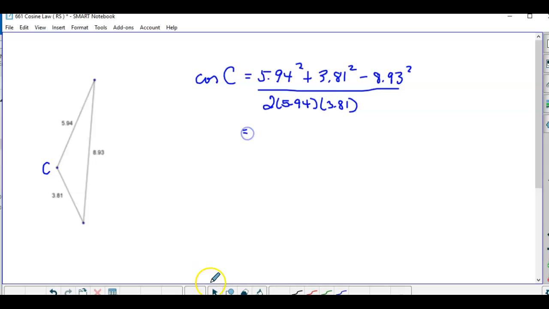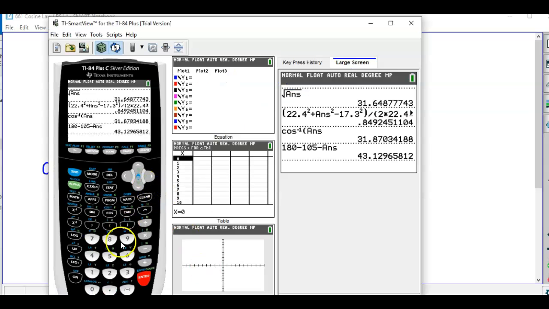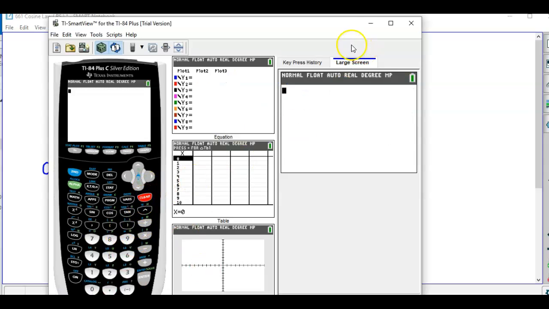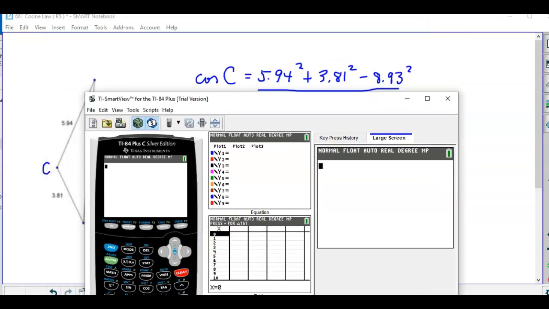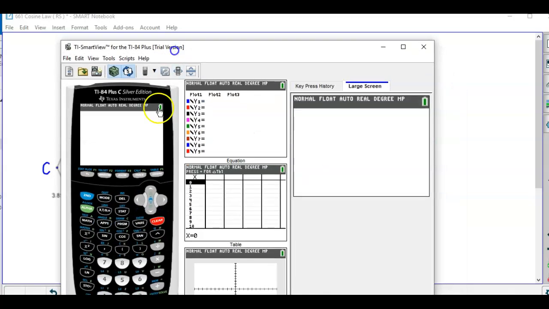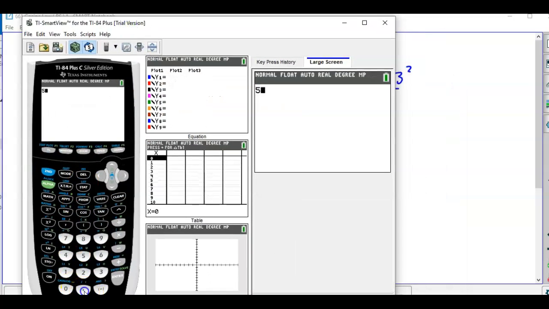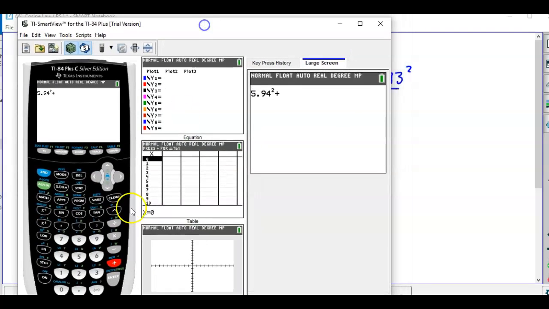Okay, and again, get out your calculator. I'm just going to clear off some stuff there. So 5.94 squared plus 3.81 squared. Okay, now notice how again I forgot the bracket.